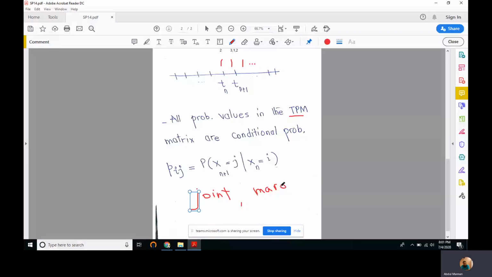And in the upcoming lectures, we will also study steady state probabilities of Markov chains.